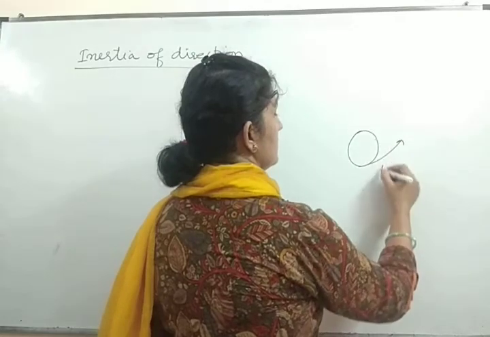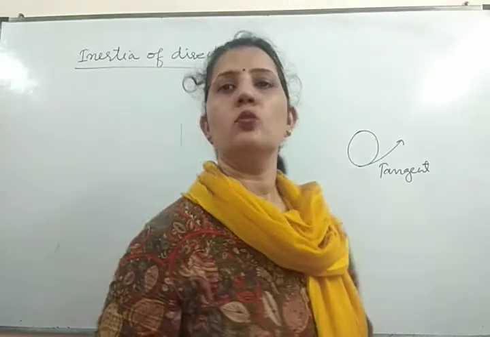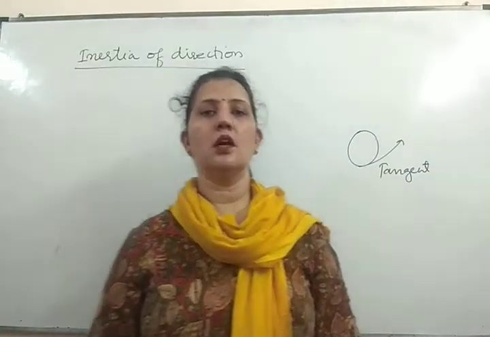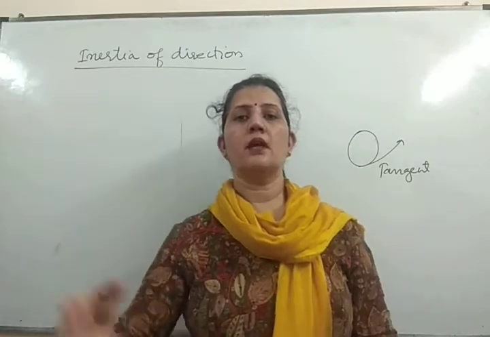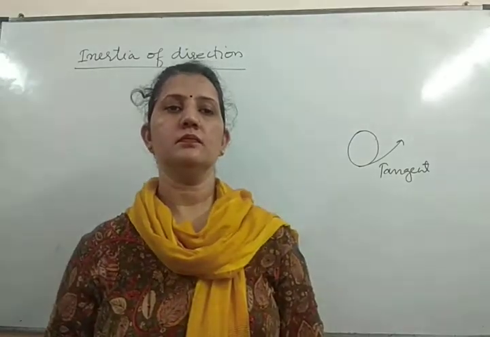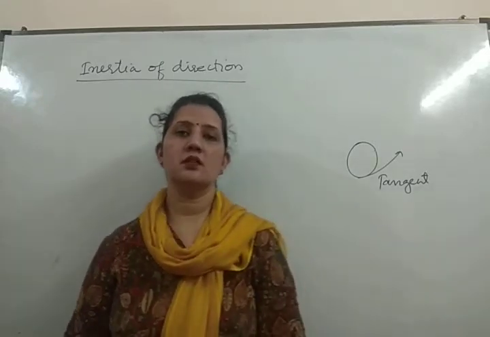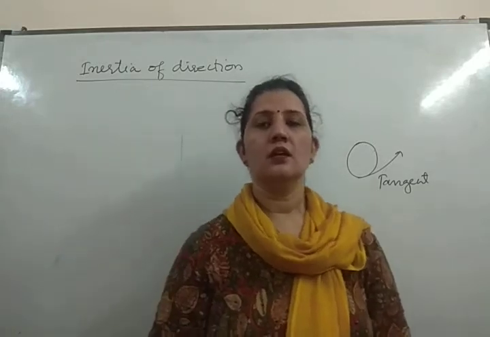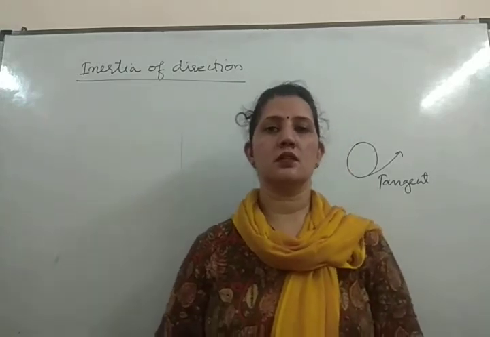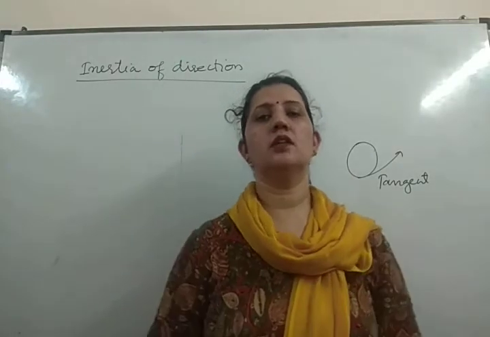And if you are moving through a dusty area, what do you observe on the back glass of your car? You observe the dust. Why is this so? Because the tires are throwing the dust along the tangent.